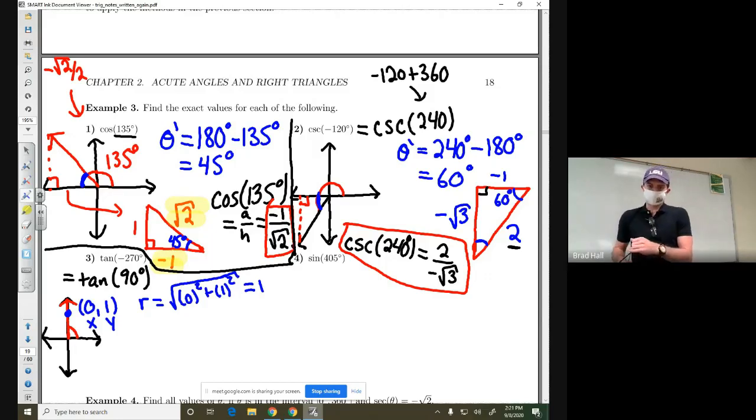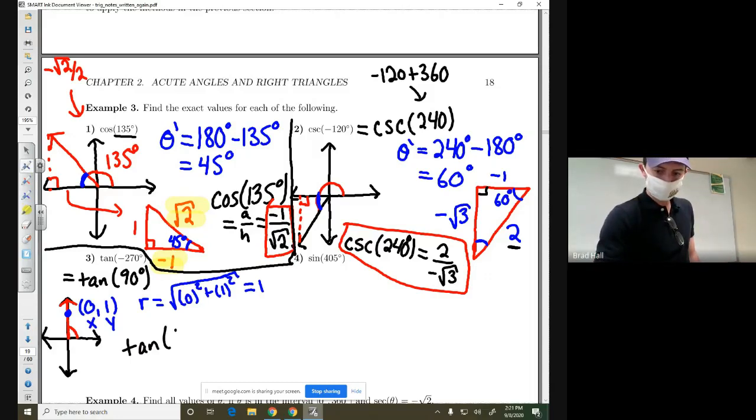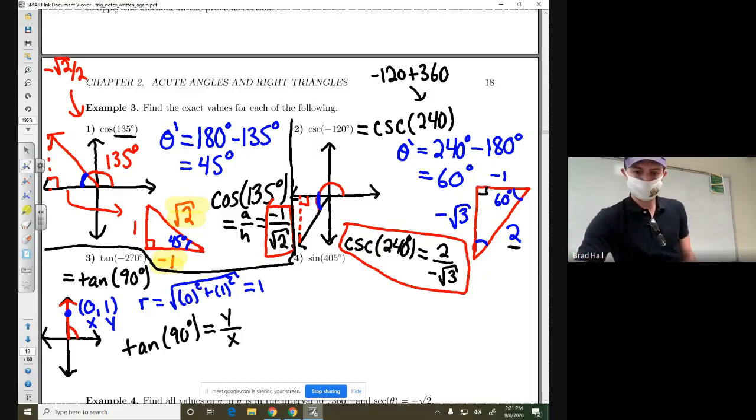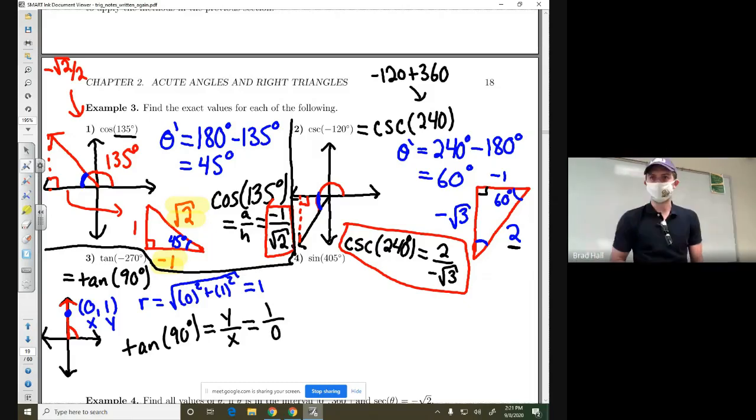which means now we can figure out tangent of 90. And the formula for this one, it's y divided by x. So we didn't even need r, but we have it anyway. So that's 1 divided by 0.